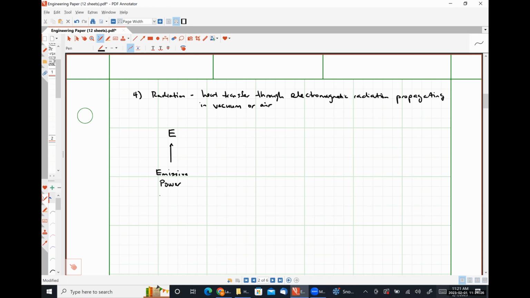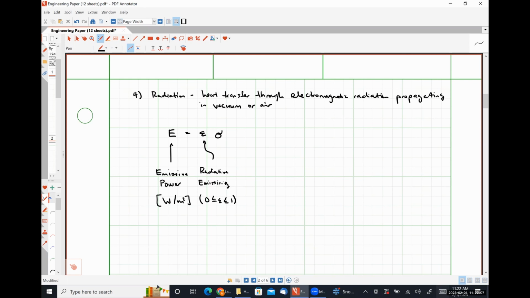So this is the emissive power measured in watts per meter squared, and it will be equal to epsilon, which in this case is very much not permittivity. So this is the radiative emissivity. It's a unitless quantity that lies between 0 and 1, so effectively says it either doesn't radiate or it radiates well.